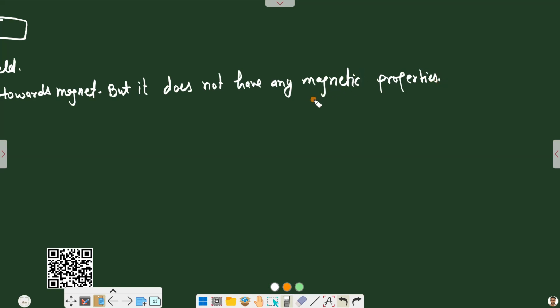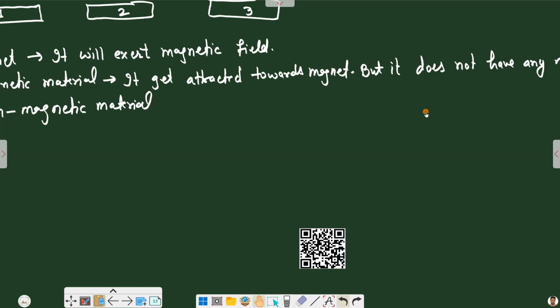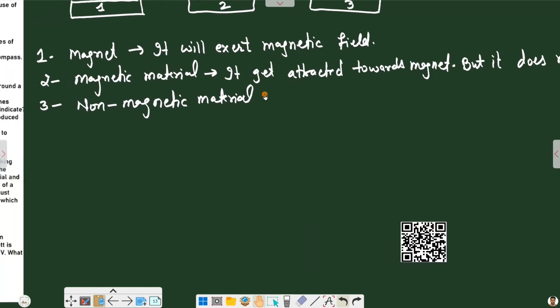Now moving to the third, non-magnetic material. They do not respond to magnets, meaning they neither attract nor repel any kind of magnet.